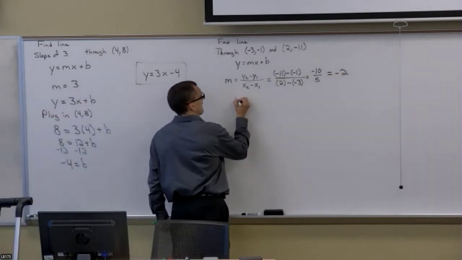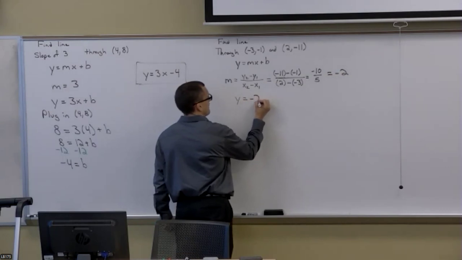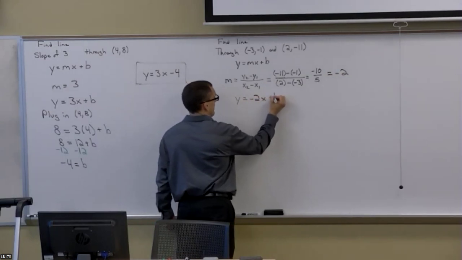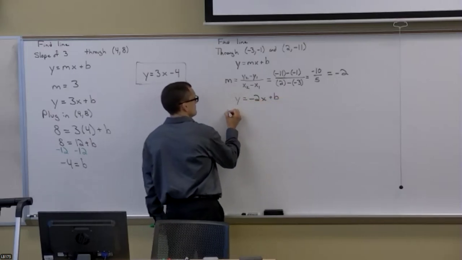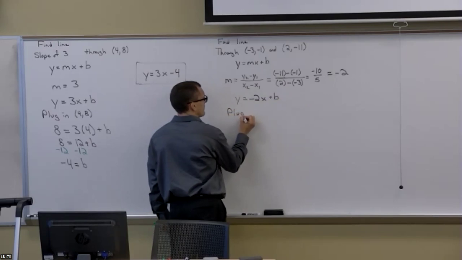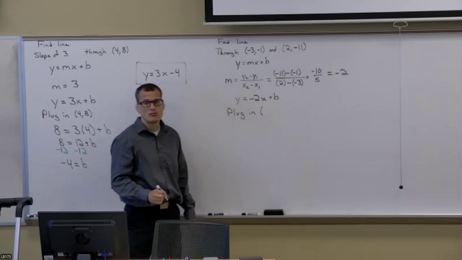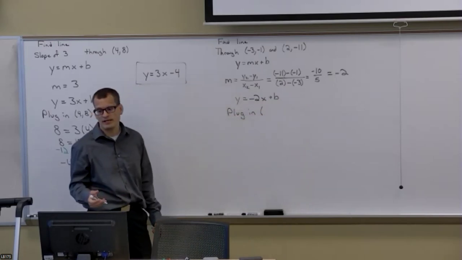We'd say, well, now since I know the slope is -2, I'll write my equation as y equals -2x plus b. And since both of these points will give me a true statement, it really doesn't matter which one I plug in.